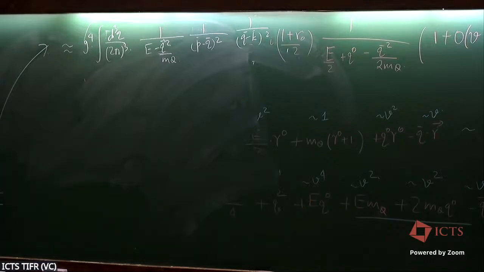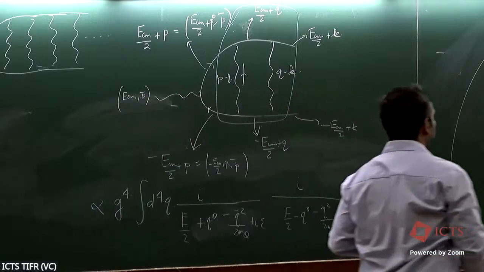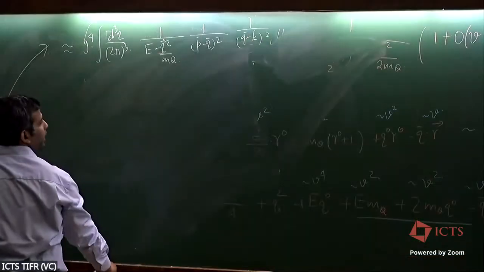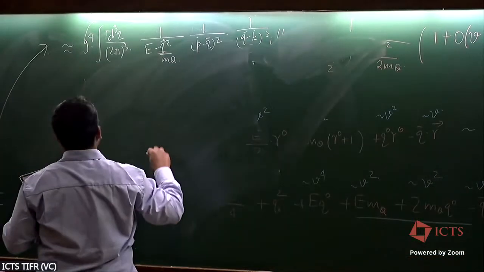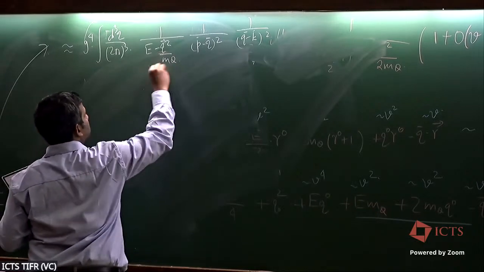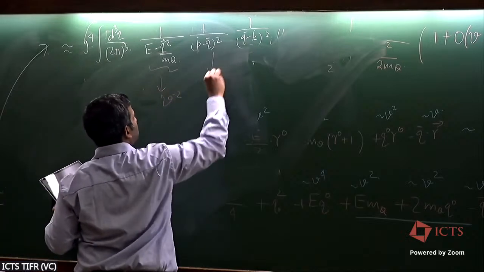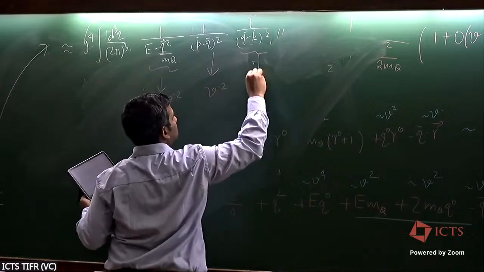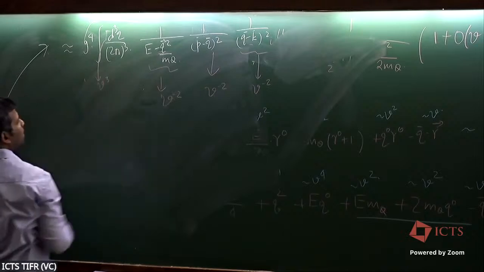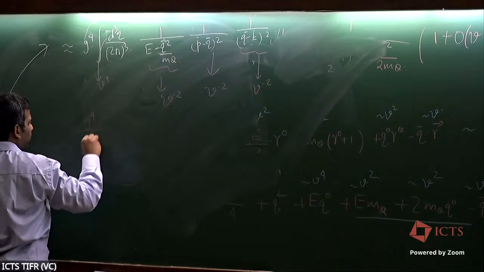I have integrated out over Q0 using one of the poles here. That is how I simplify my results. We already have seen this from the power counting. This term scales as 1 by V square, so V raised to minus 2. This scales as V raised to minus 2. This scales as V raised to minus 2. My momentum integral scales as V cubed. So what I get is g raised to 4 by V cubed.